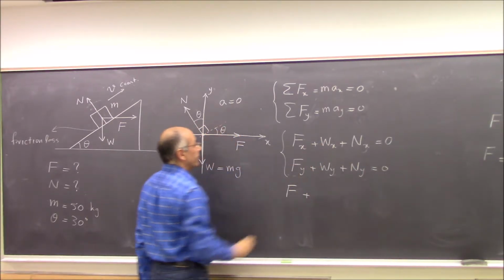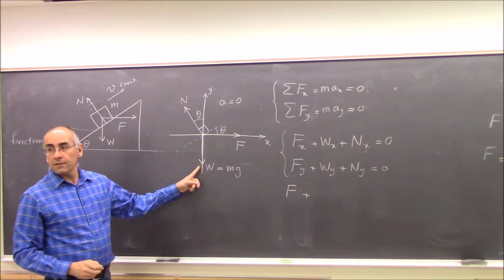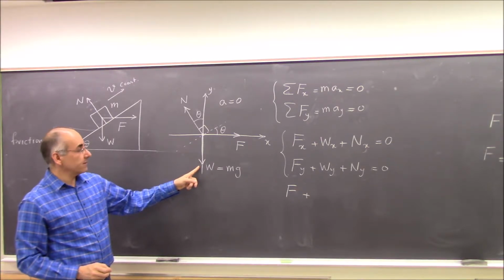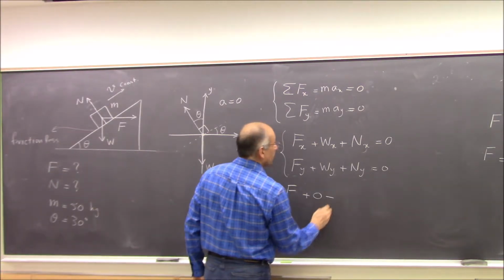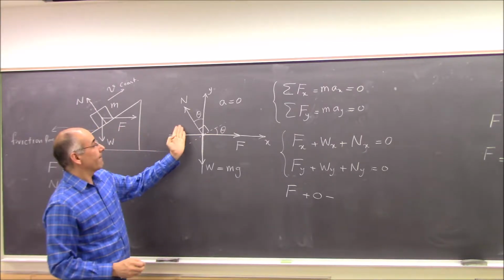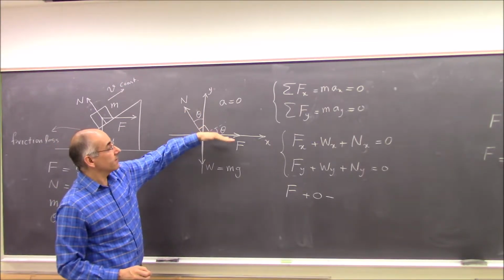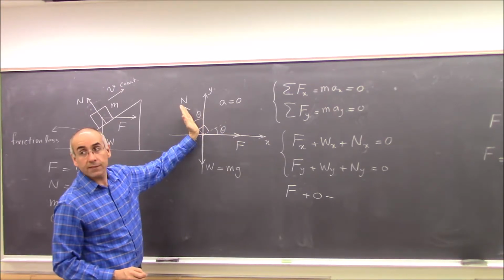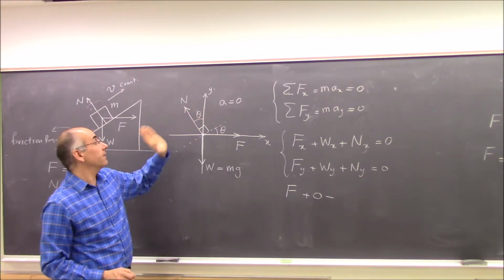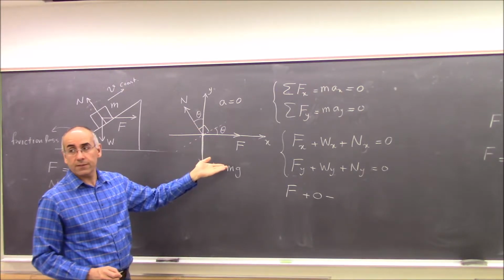And Wx? Wx is 0. And what about Nx? You can find it using the standard angle, which is 90 plus theta, so N times cosine of 90 plus theta.